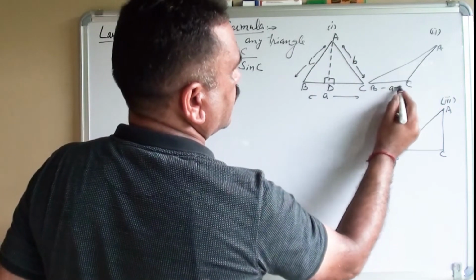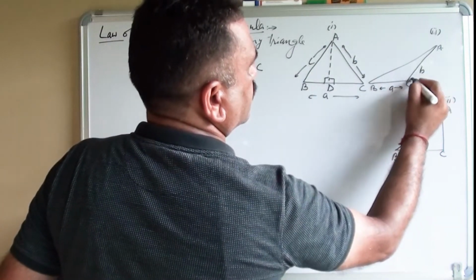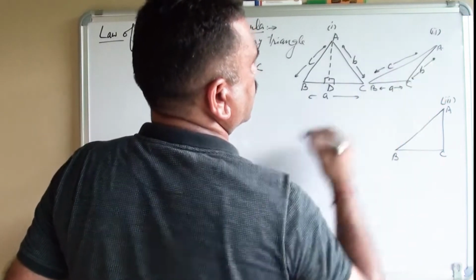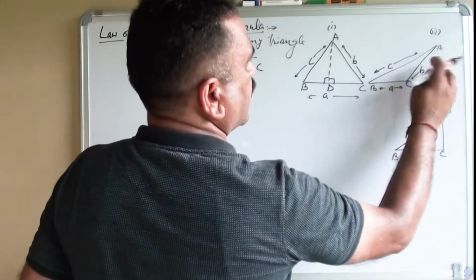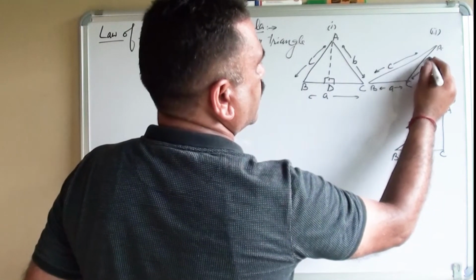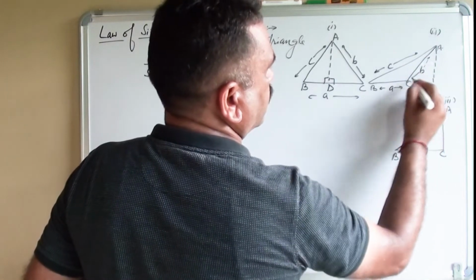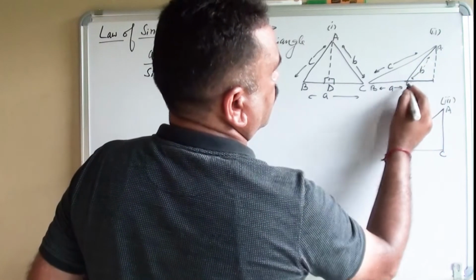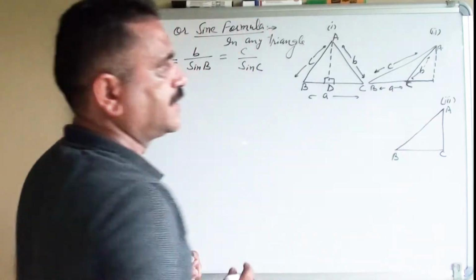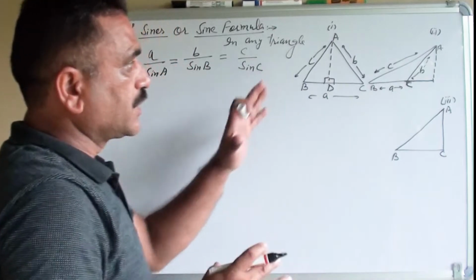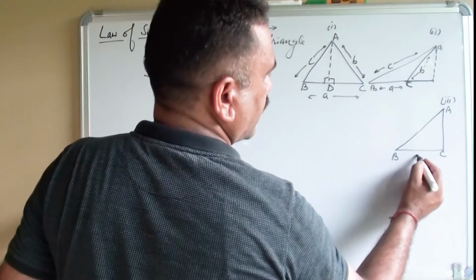Similarly, this is a, this is b, this is c. And what is the construction we are doing here? AD perpendicular to BC is drawn, and BC is extended if required.